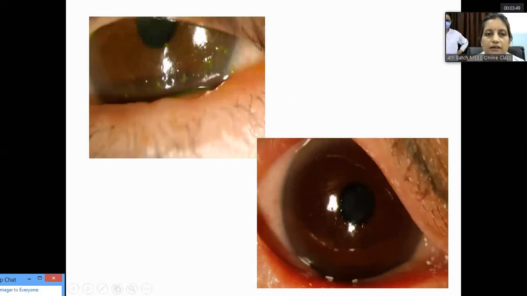This is an anomaly. There is a defect in the lid margin due to chronic irritation, and over here the lid margin is also everted outward, so the free flow of the tear film does not occur, resulting in the corneal defect.